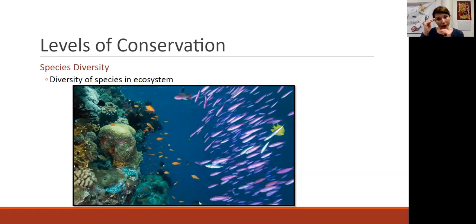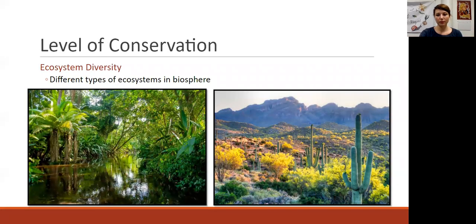So a slightly bigger level way of looking at that is within species diversity. So how many species do you have in an ecosystem as a whole? Healthy ecosystems are going to have a large number of species, and less healthy ecosystems are going to have a smaller number of species. Next level up from that is ecosystem diversity.